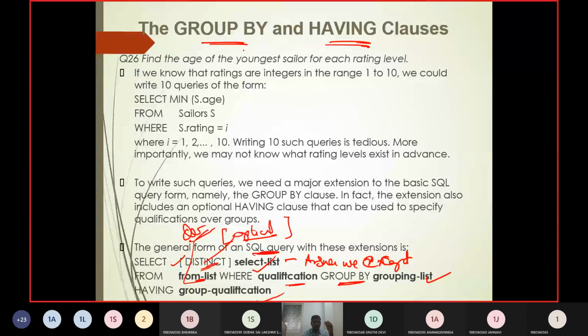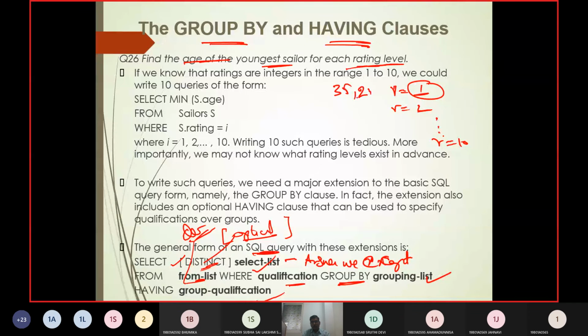Here we are going to find the ages of the youngest sailor at each rating level. Now rating level 1, rating level 2. In this way the answer has to be prompted. So who is the youngest sailor? If it is rating 35, 21.